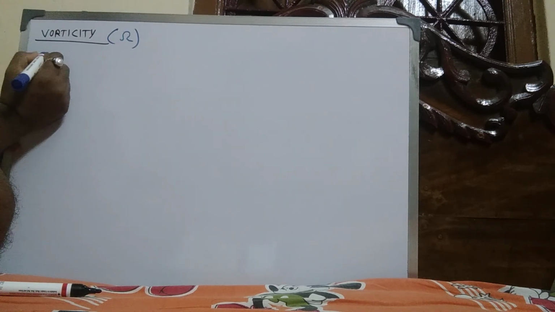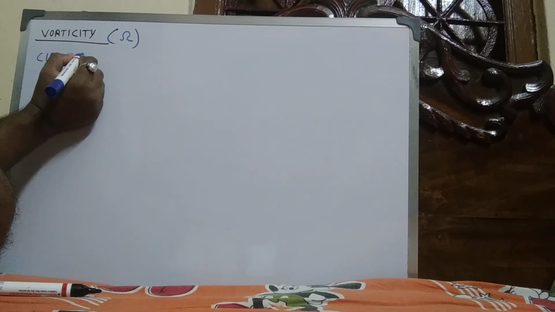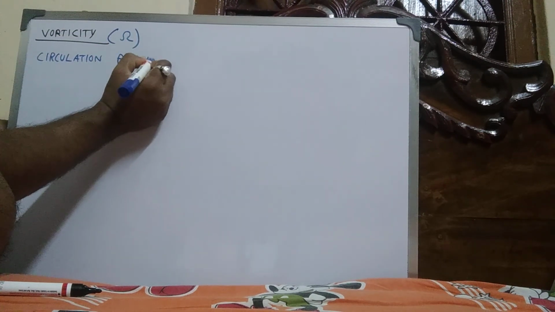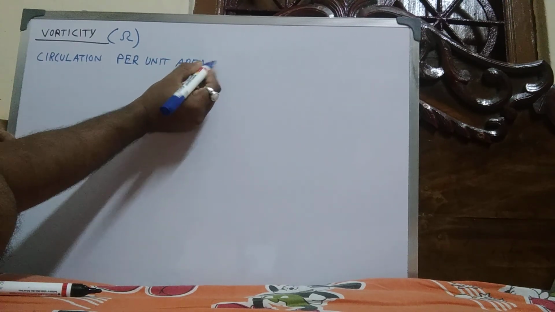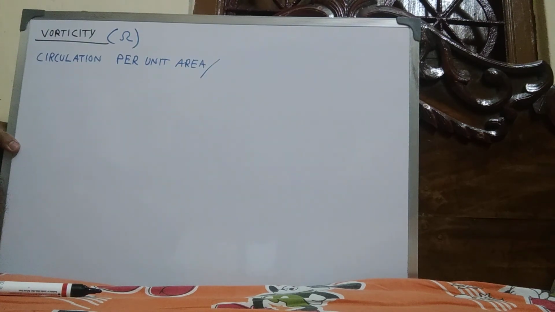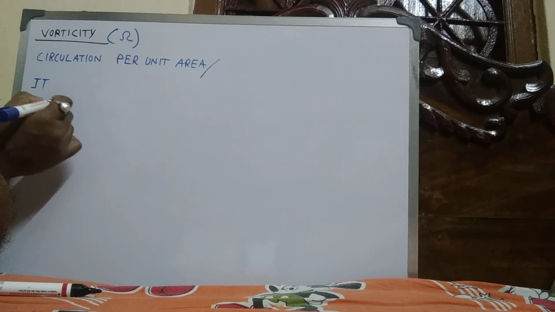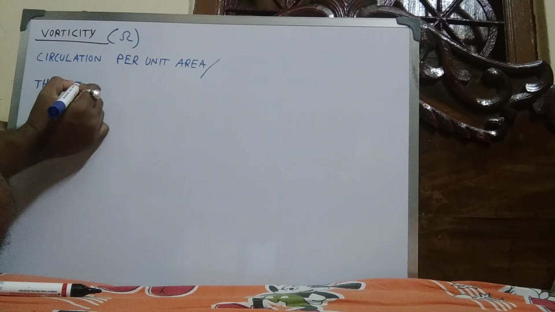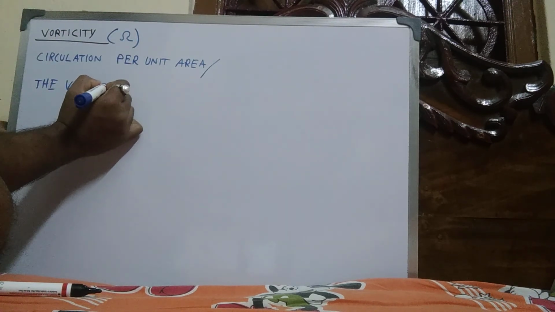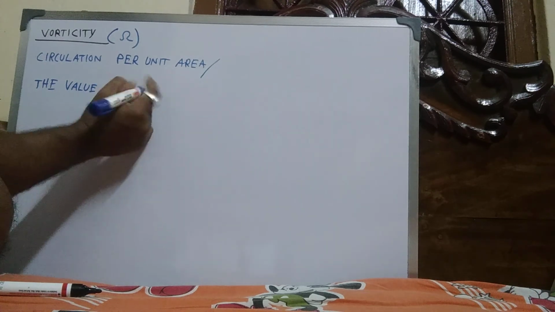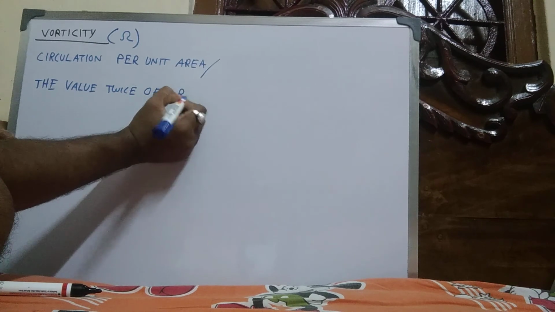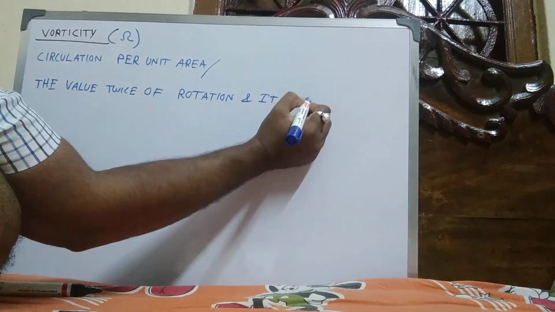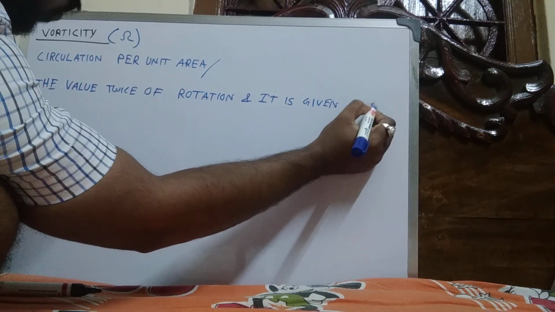Vorticity is circulation per unit area, and you can also say it is defined as twice the rotation, given as 2 omega.